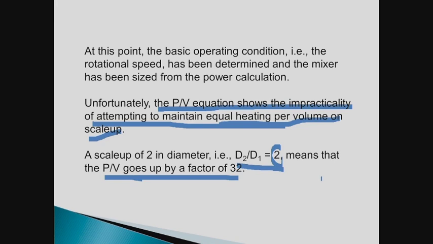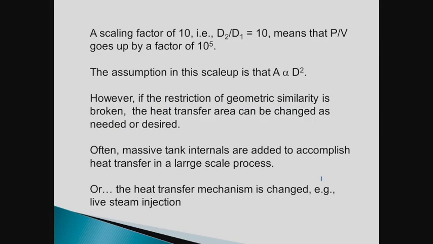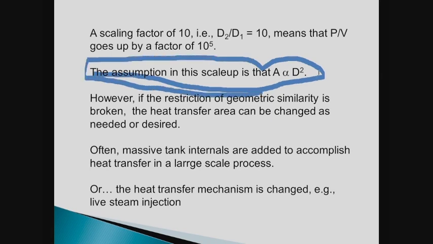In fact, the heating may actually be caused by the impeller action rather than the actual heating mechanism, whatever it was thought to be. So, the geometric similarity assumption is that this is geometrically similar.